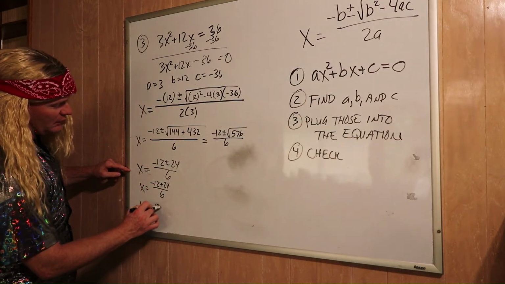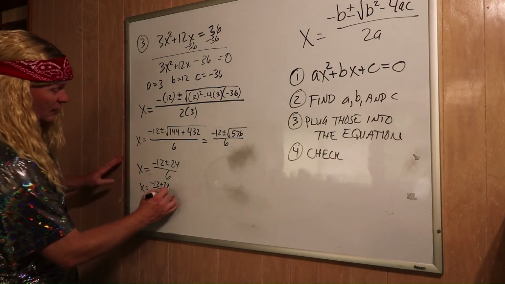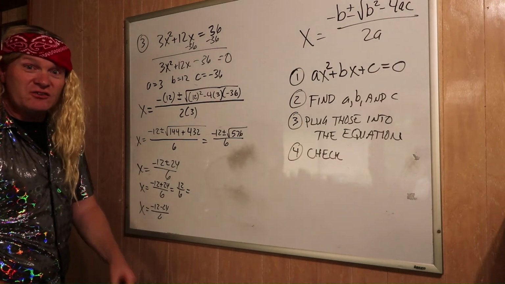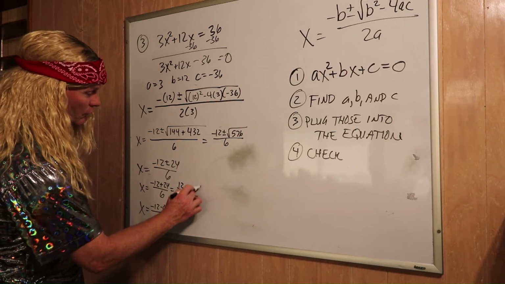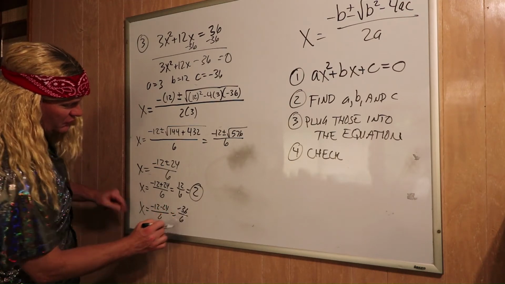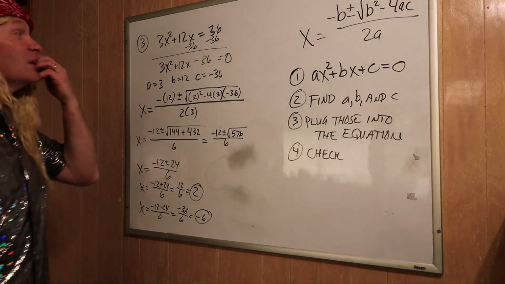The other one's going to be negative 12 minus 24 over 6. Let's see, negative 12 plus 24 is 12. 12 divided by 6 is 2. There's one of our answers. Negative 12 minus 24 is negative 36. Divided by 6 is negative 6. Right there. Let's see if we got it right.